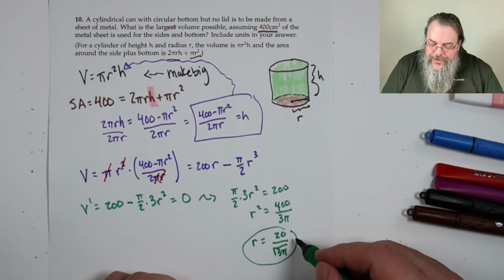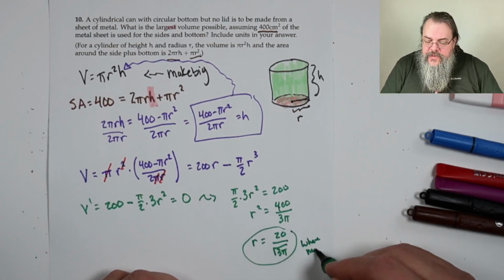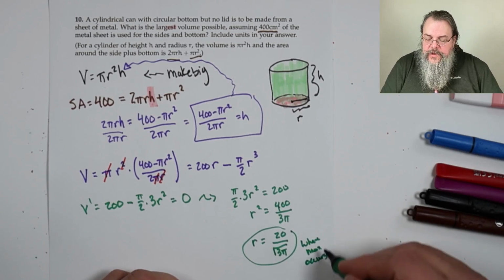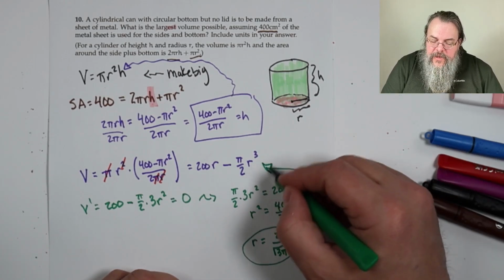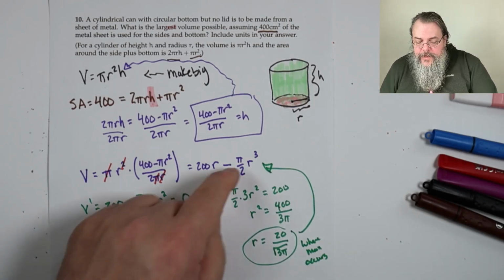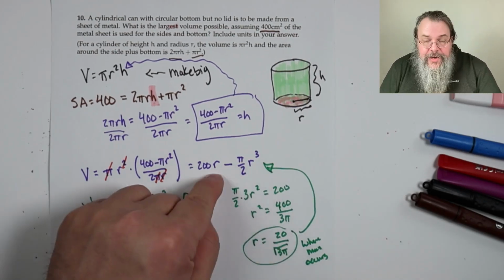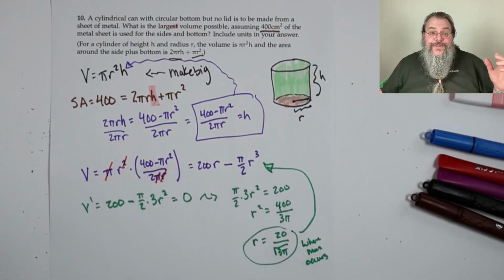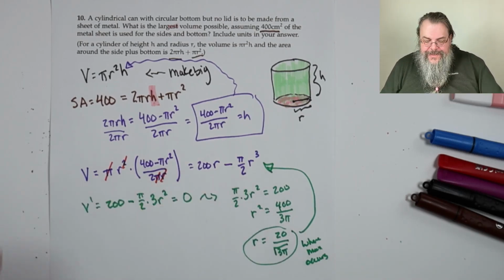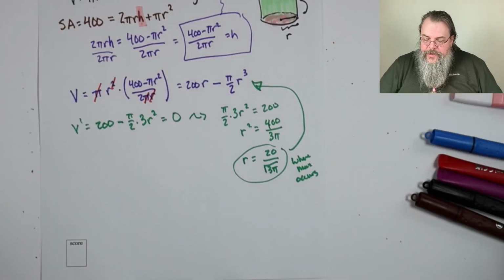But what we're going to do with it, this is where the max occurs. We can now plug it into our formula for volume, because we have our formula for volume in terms of r. And so once we plug this in, we have our answer. Okay, so we're rounding the corner.